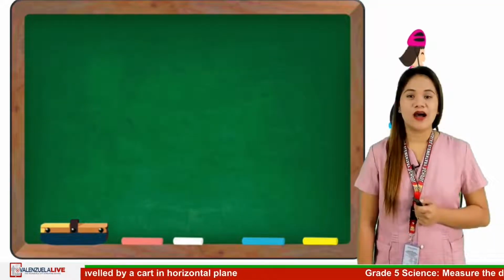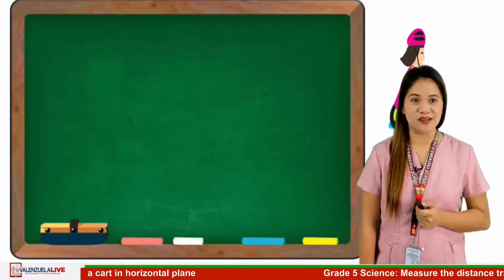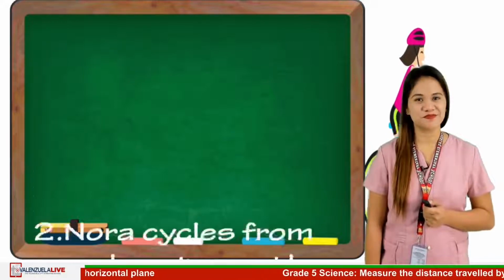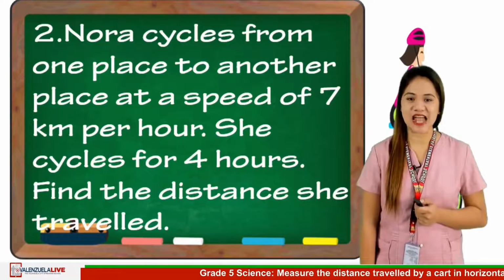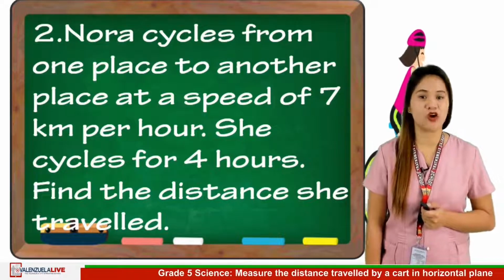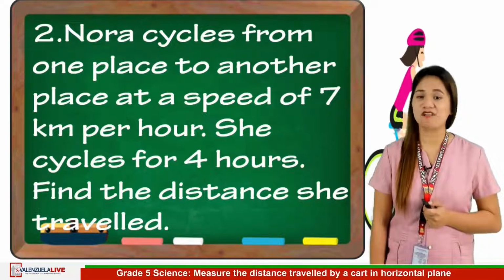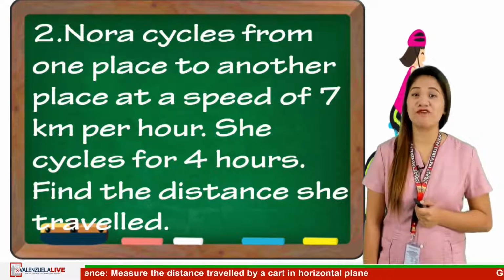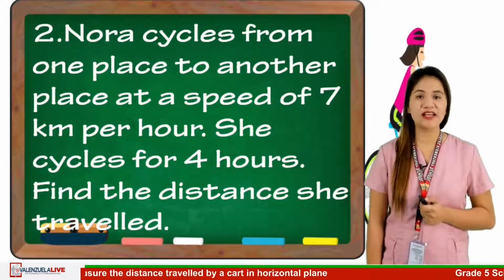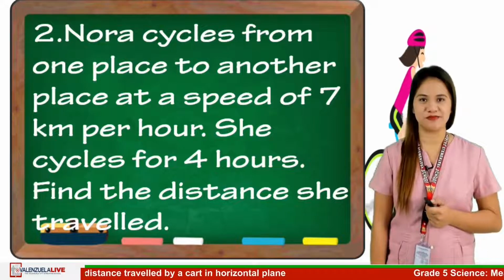Now, let's try the second one. Are you ready? Number 2. Nora cycles from one place to another place at a speed of 7 kilometers per hour. She cycles for 4 hours. Find the distance she traveled.